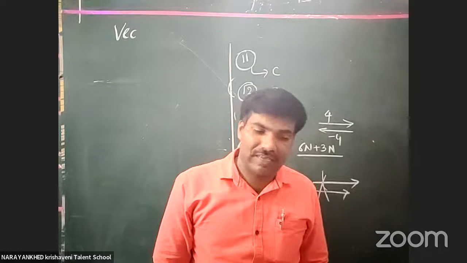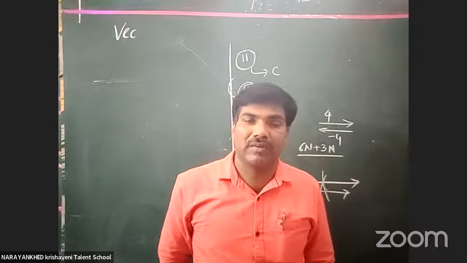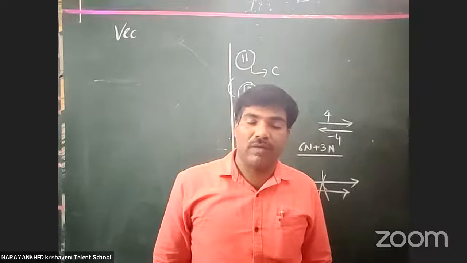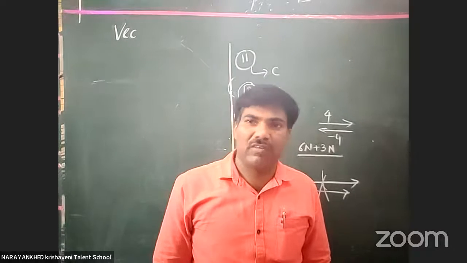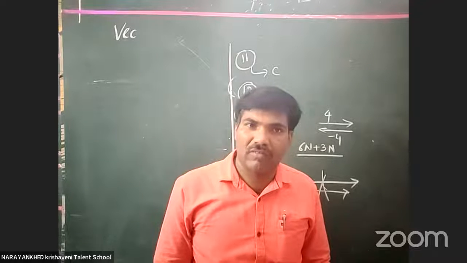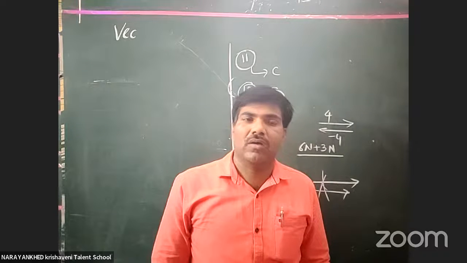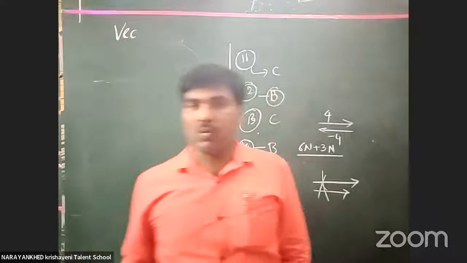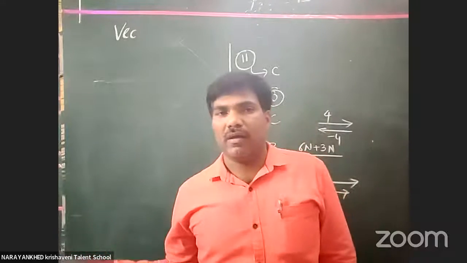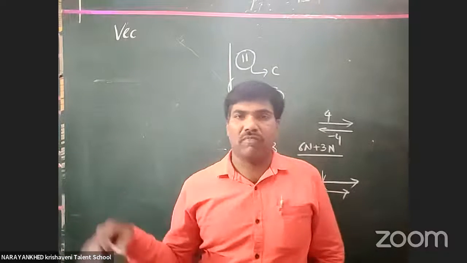And lastly, we considered the different types of vectors. All the vectors are not the same. Sometimes the vectors are of equal nature, sometimes unequal. Sometimes they start from one point, that is called concurrent, and the other is terminal.